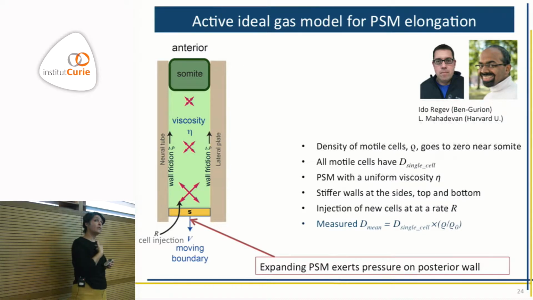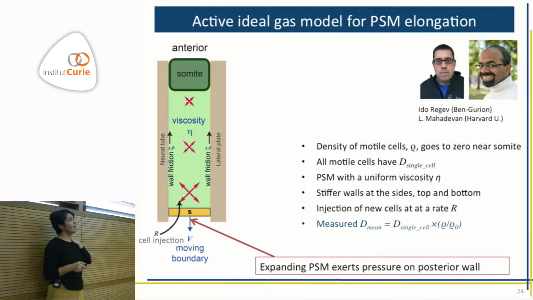Yeah, so what I measure, and the way we explain this, is the movement of all the cells, mobile and immobile, and I measure something that is the mean, which is basically what I have put here. So the measured diffusivity is the single cell diffusivity times the ratio of motile cells to the total cells. And then, of course, there is the injection of the new cells that you have at the posterior.